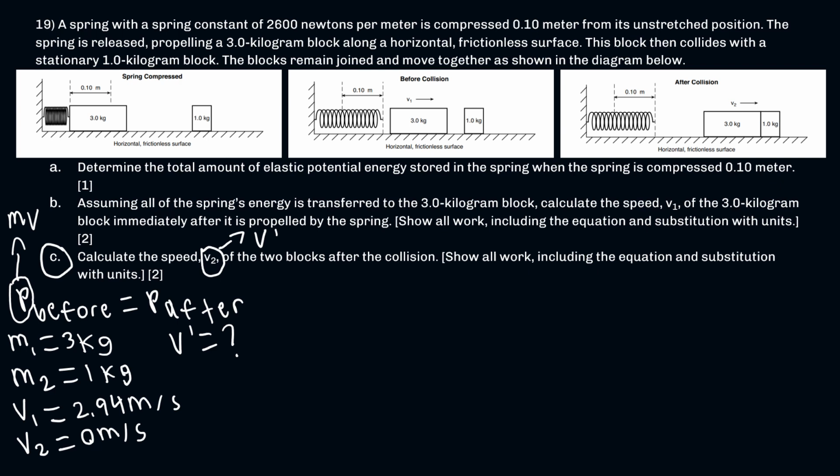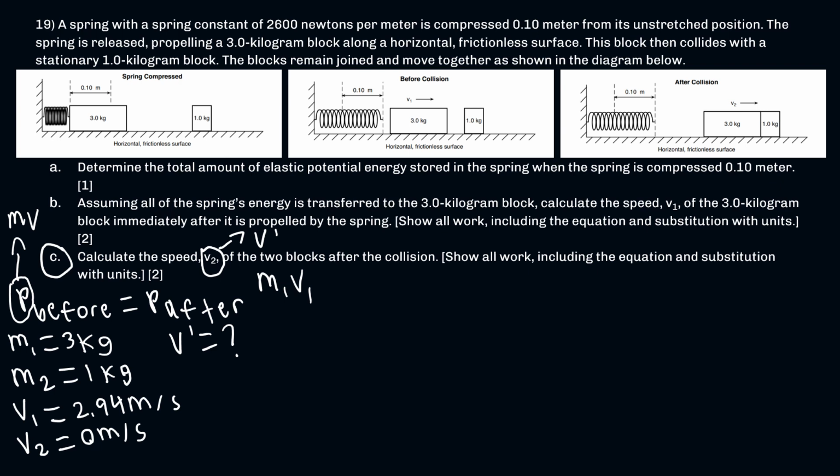So P before equals P after. Now writing out my equation here is going to be M1 V1, because again, momentum is mass times velocity. I have two separate blocks beforehand, so I have two separate momentums, even if one of the momentums will be 0.